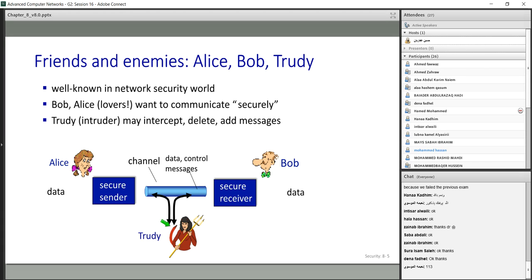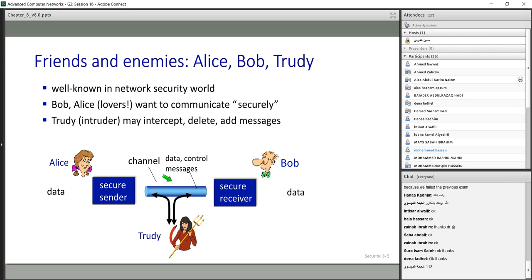Okay, Alice and Bob fall in love together, and a third person, Trudy, this guy here, tries to corrupt this relation. He or she does everything to corrupt the relationship between Alice and Bob.